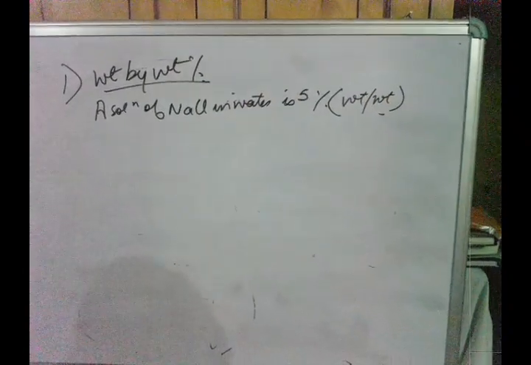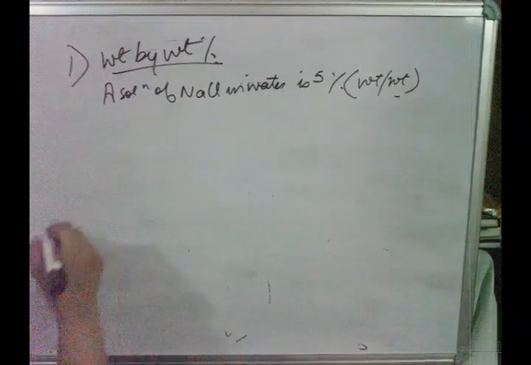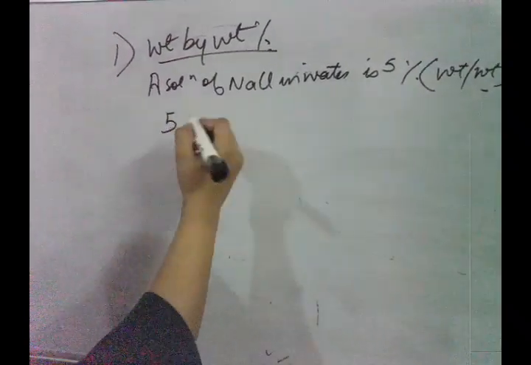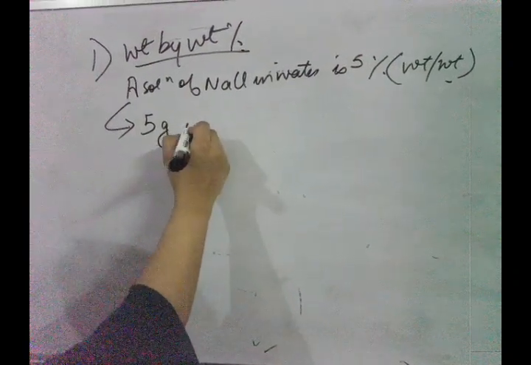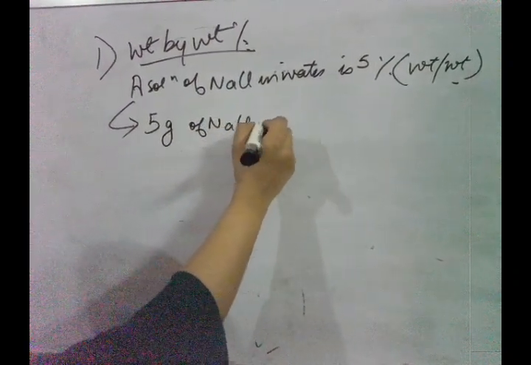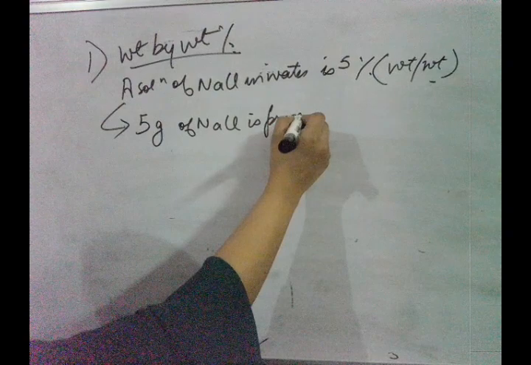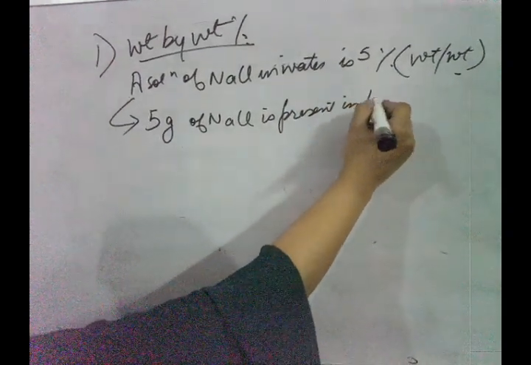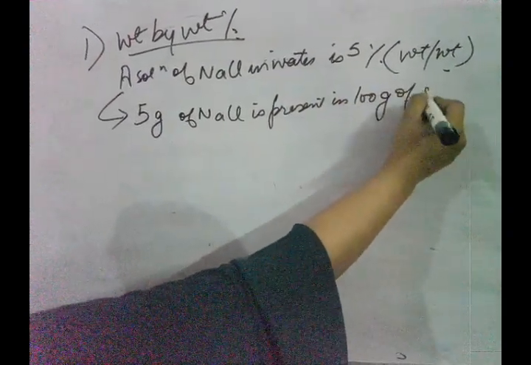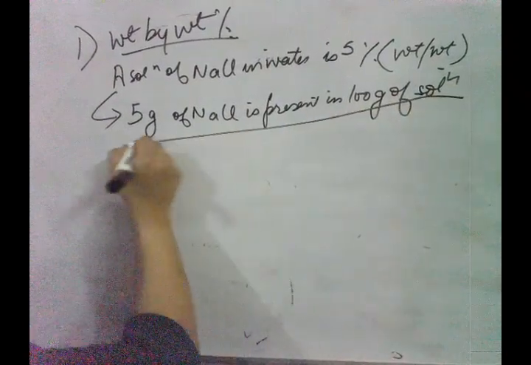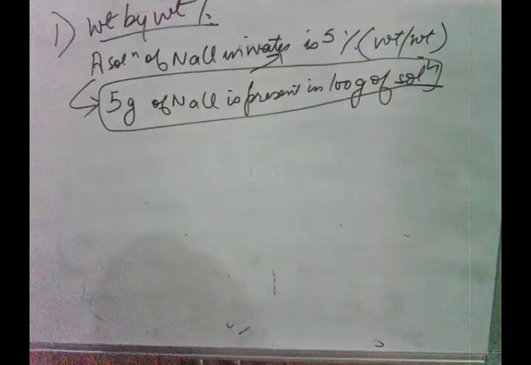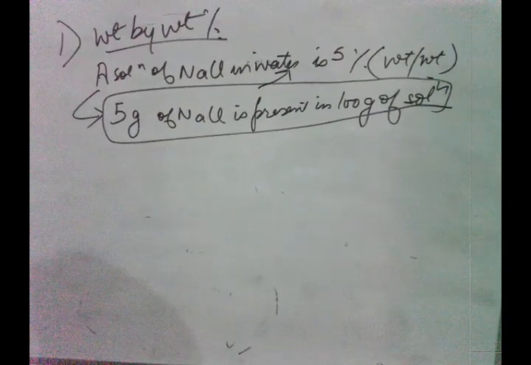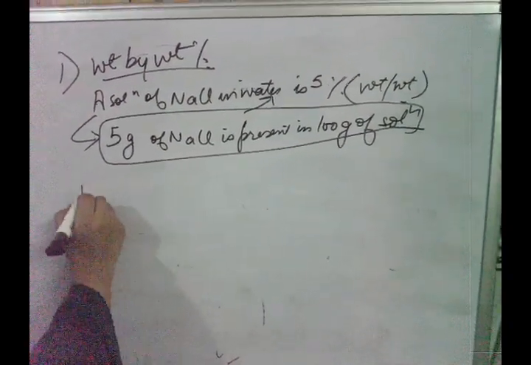This is given to you. What inference would you take out? 5 grams of NaCl is present in 100 grams of solution. This statement you should obviously know by looking at this: 5 grams of NaCl is dissolved in 100 grams of the solution.